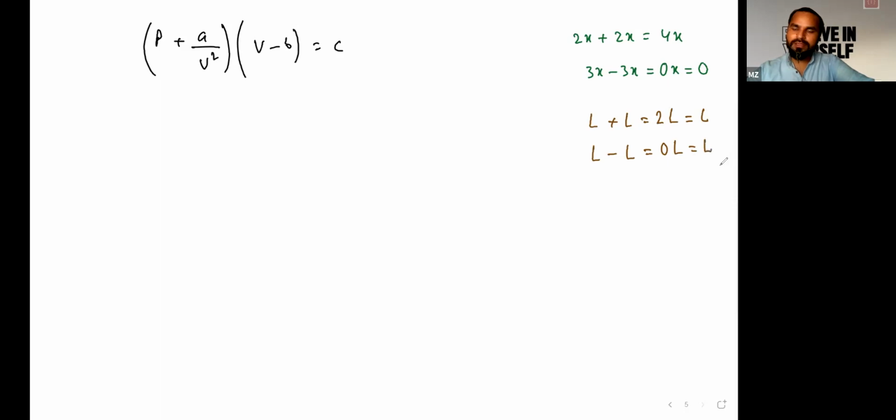So from this, we can conclude L plus L would be equals to L, and L minus L would be equals to L. But this relation would be valid only in terms of dimension. Is it clear? Samara, is it clear? Yes, sir.